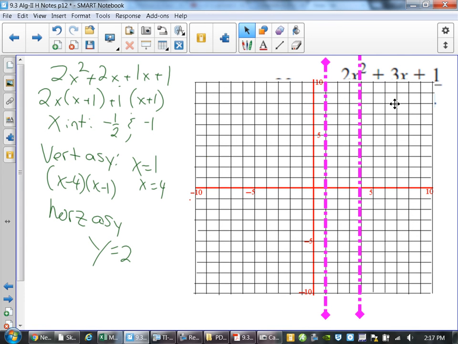Okay. First 2 asymptotes are in. Now we put our other one in. That gives me 3 reasons to check. I know that I have x-intercepts at -1/2 and -1.